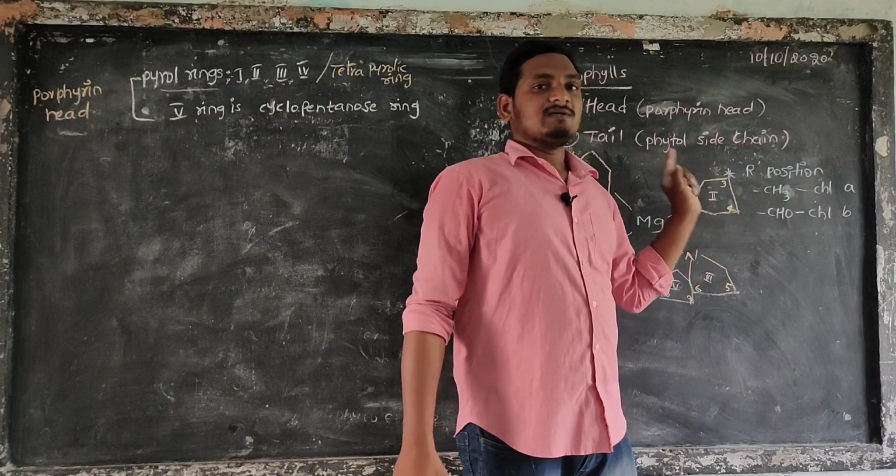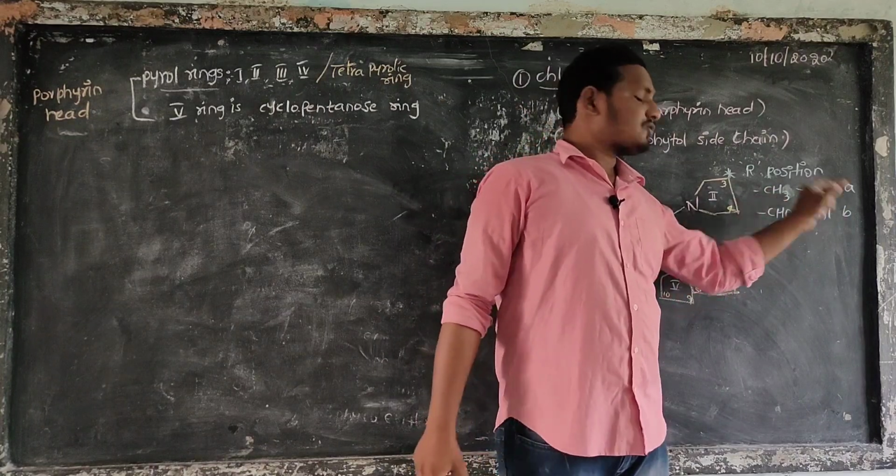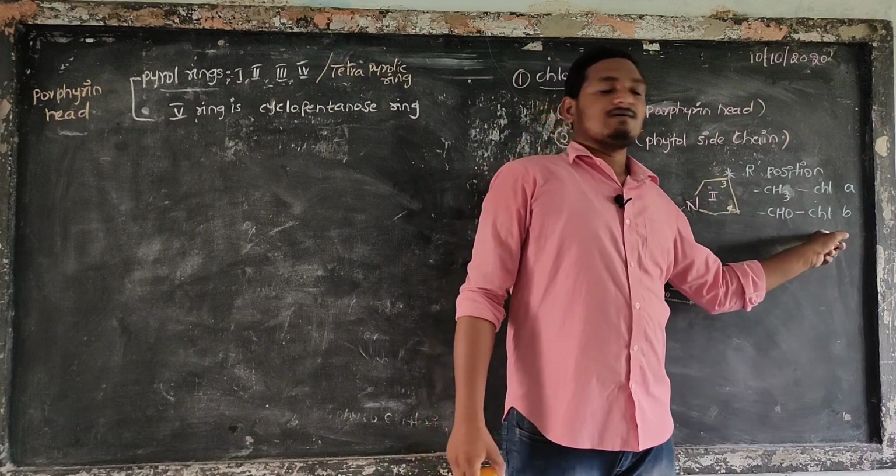A methyl group means chlorophyll A, and an aldehyde group means chlorophyll B.